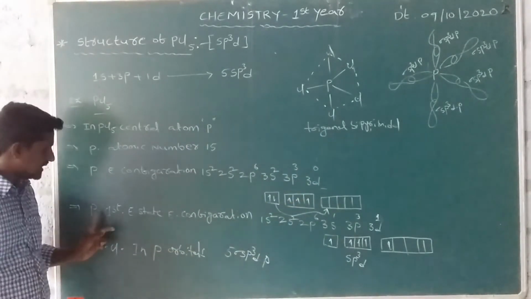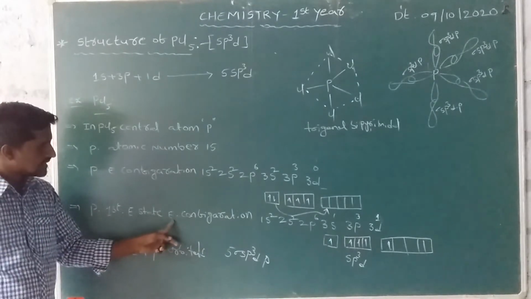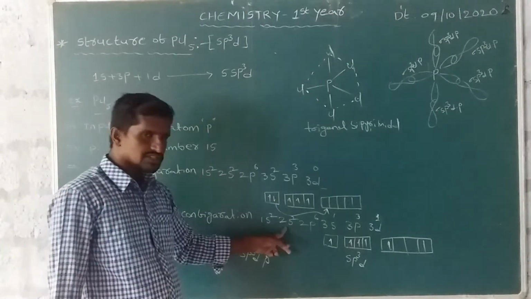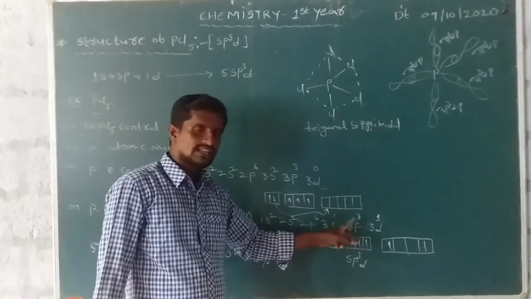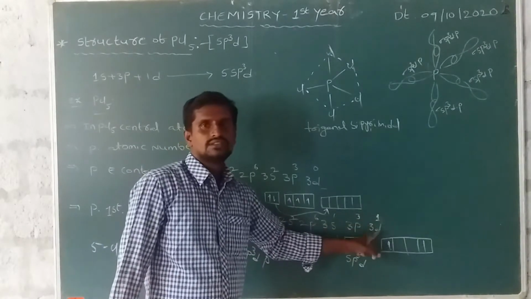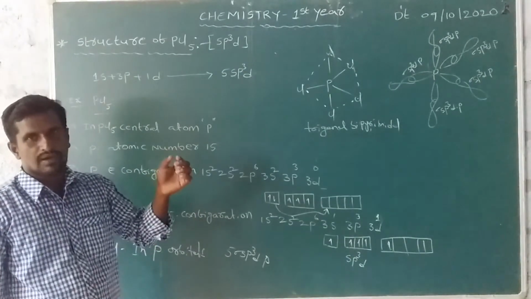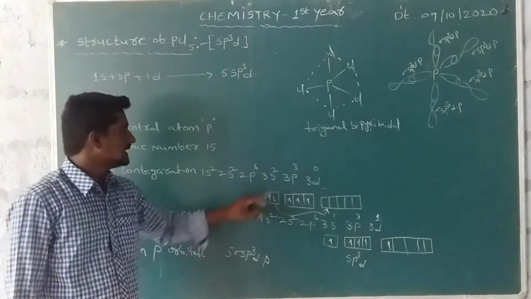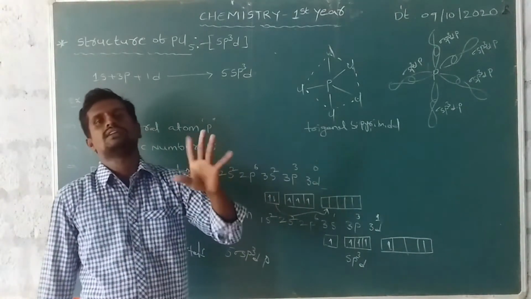Next, phosphorus first excited state electronic configuration: 1s2, 2s2, 2p6, 3s1, 3p3 and 3d1. In the first excited state of phosphorus, one electron moves from the 3s orbital to the 3d orbital.